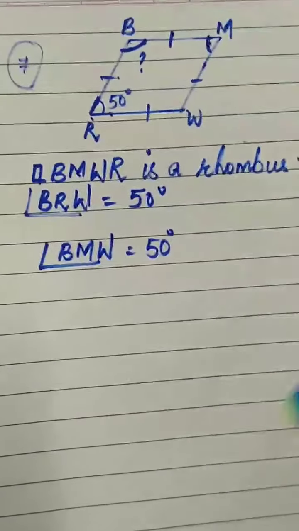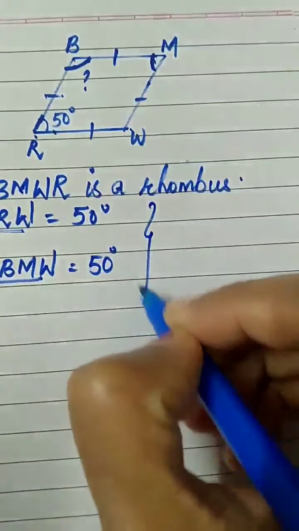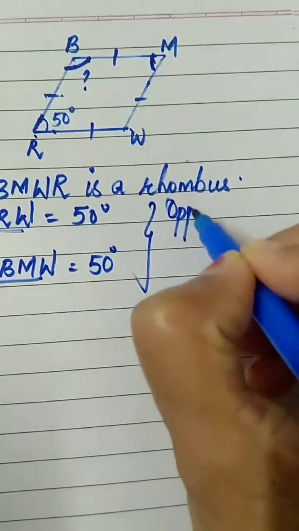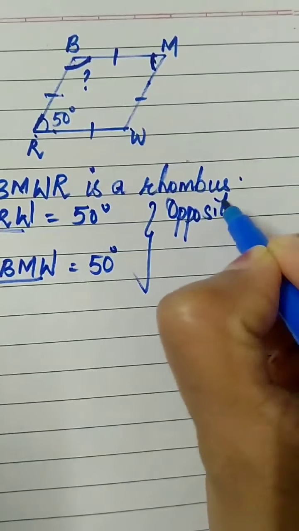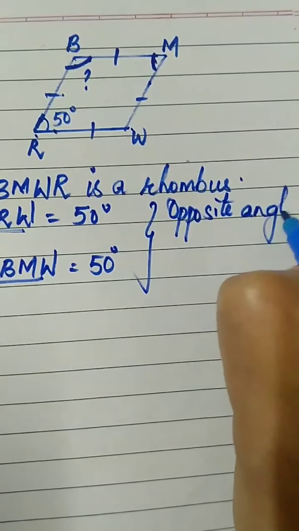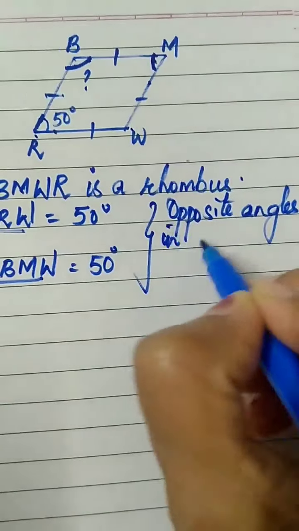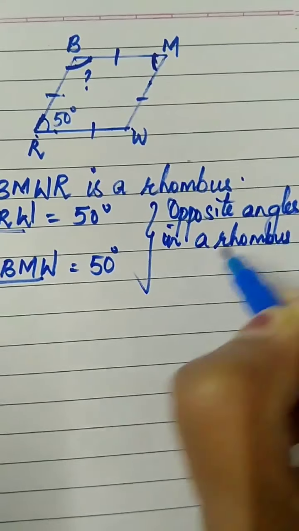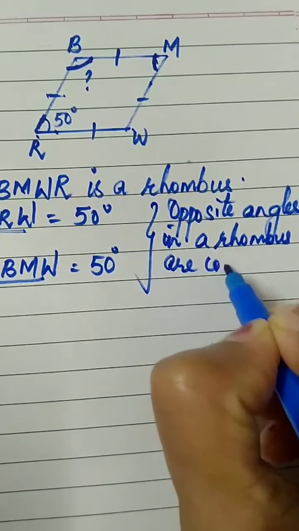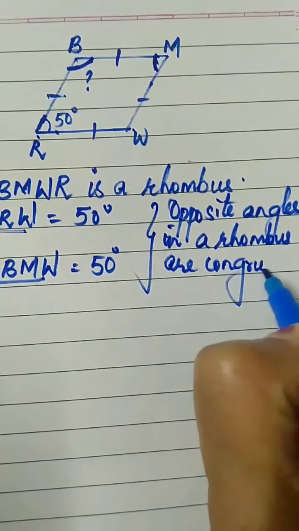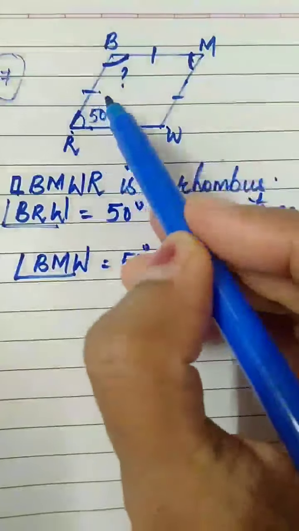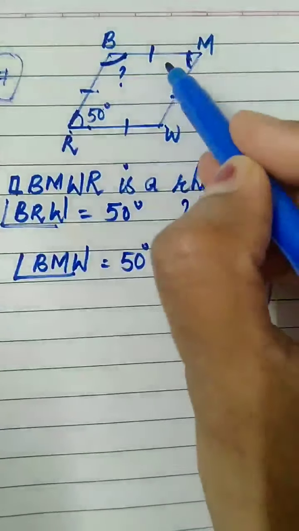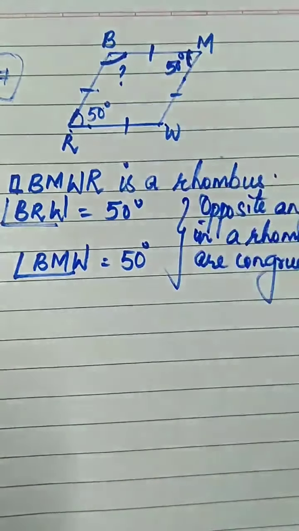Why? Because opposite angles in a rhombus are congruent. This property we know. So, if one angle is 50, its opposite angle will also be 50 degrees.